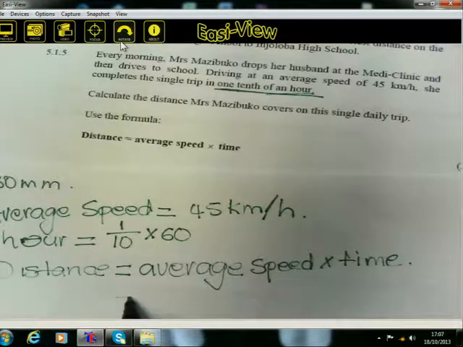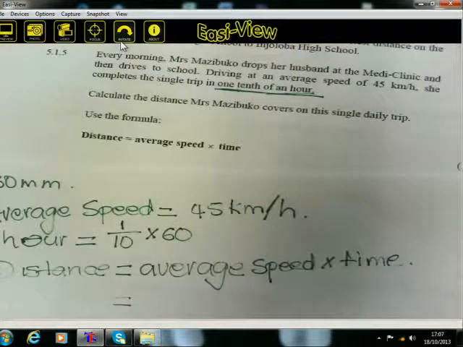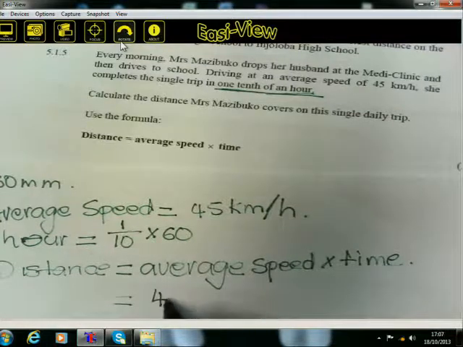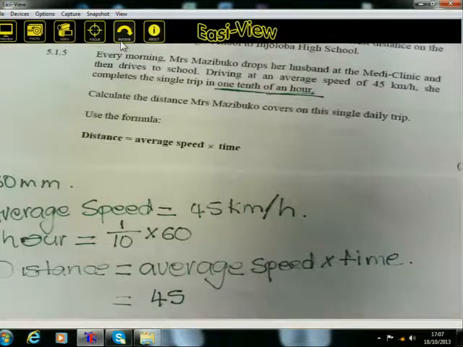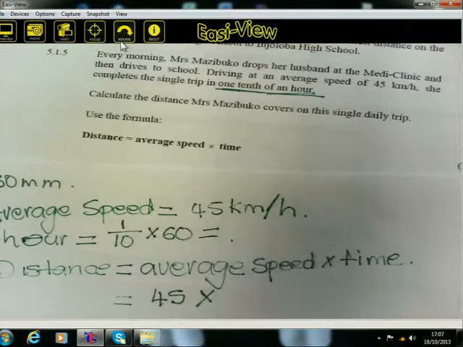The average speed is 45 kilometers per hour, multiplied by 1/10 of an hour.